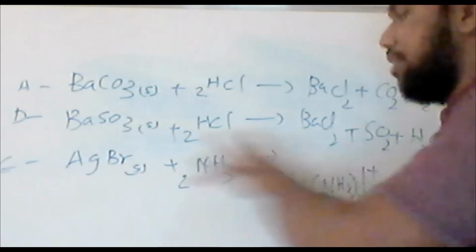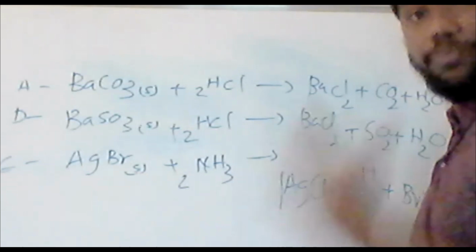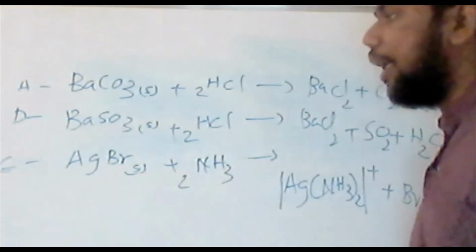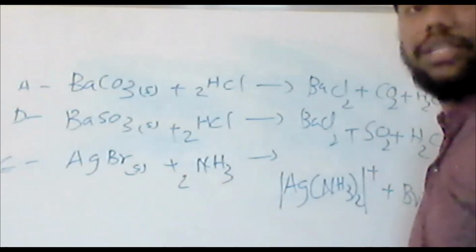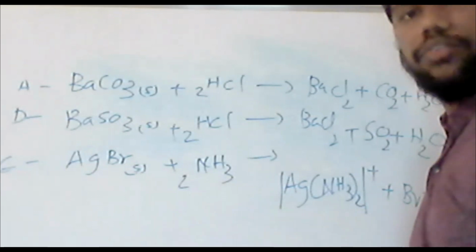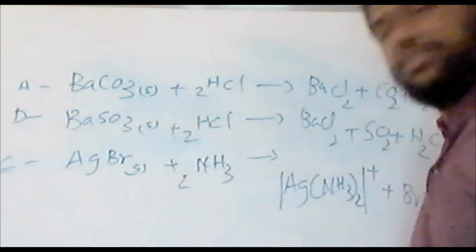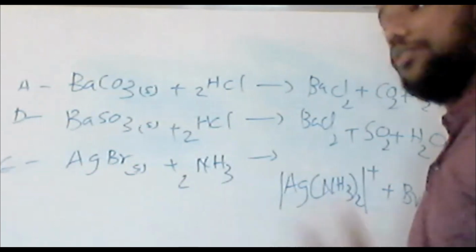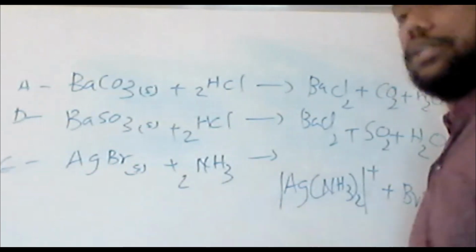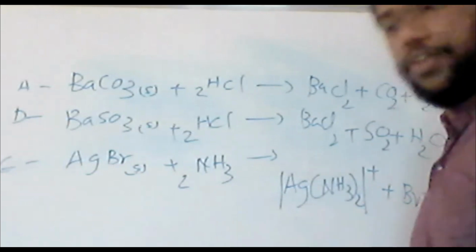Typically we study this in Ksp, where this is a partially soluble salt. When we add ammonia and see what happens to its solubility, some of it remains as AgBr solid, some as Ag+ and Br- in the solution, and some in the complex form when you add ammonia.